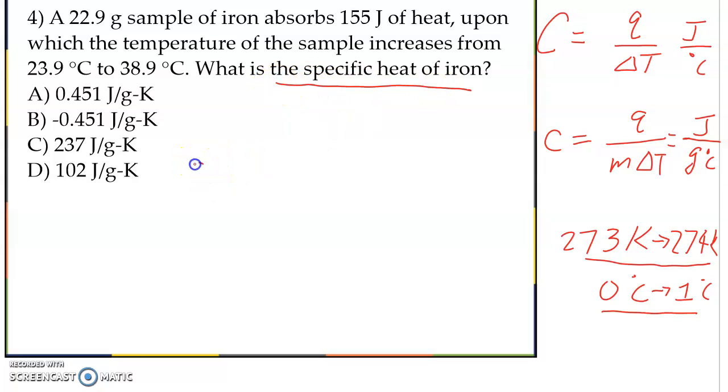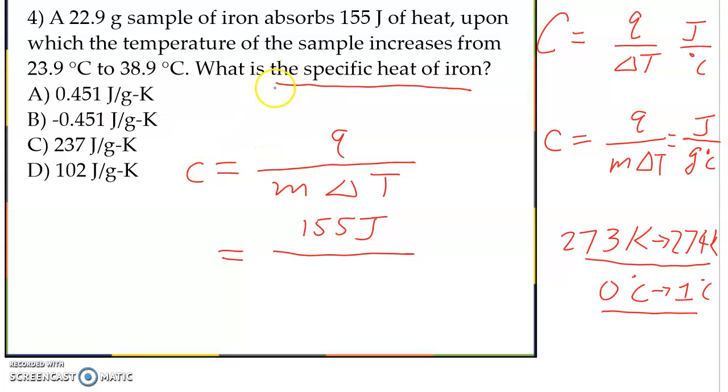Specific heat, small c, is equal to the heat divided by m times delta T. So that will be 155 joules divided by m, the mass, which is 22.9, times delta T. Delta T is final temperature minus initial temperature.